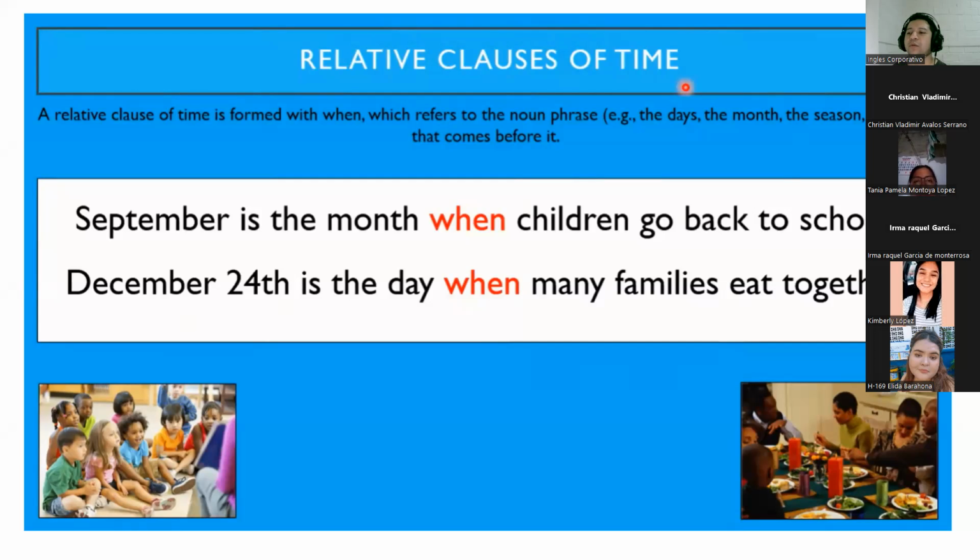So when children go back to school is a relative clause of time. December 24th is the day when many families eat together. When many families eat together is the relative clause of time. El 24 de diciembre es el día cuando muchas familias comen juntas. Cuando muchas familias comen juntas es el relative clause of time.